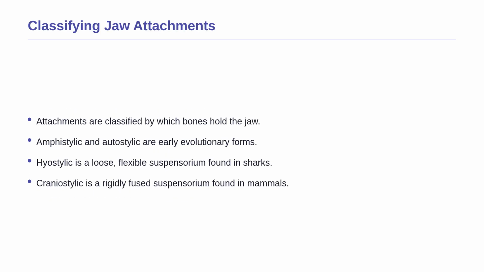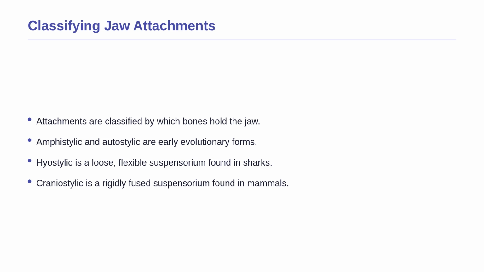Because evolution has modified these arches in so many ways, biologists classify jaw attachments into several distinct types. You will hear terms like amphistylic, hyostylic, autostylic, and craniostylic. While these words sound complex, each term simply describes which specific bones are doing the heavy lifting of holding the jaw in place.